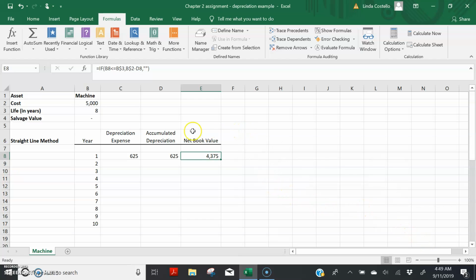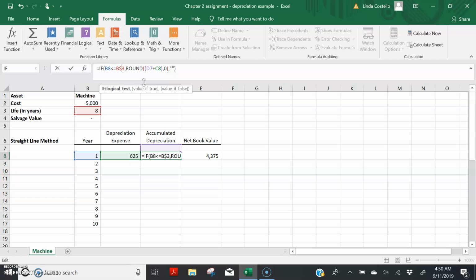Now, let's check and make sure that every time in every formula that I am referencing one of these cells, B2, 3, or 4, that I have fixed that cell. I fixed B3, I fixed B2 in this formula. I need to fix B3.